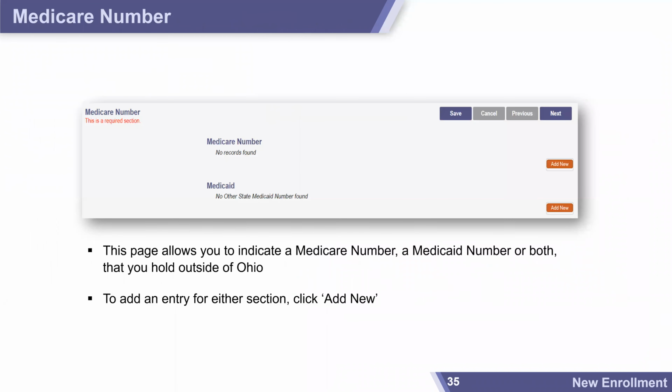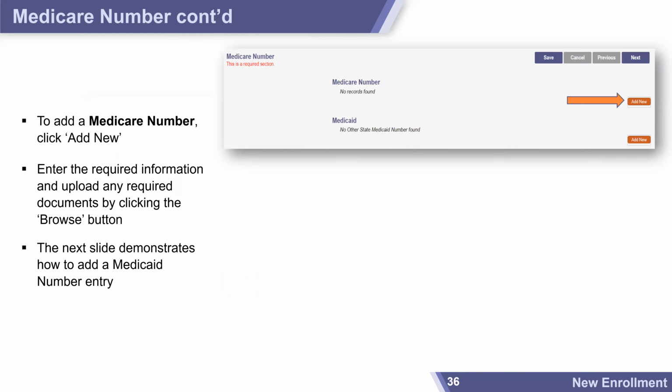In this case, the next page is Medicare number. Now, this is where you'll add either a Medicare number, a Medicaid number, or both, okay, that you might hold outside of Ohio. Let's say it's a Medicare number. You'll hit add new next to Medicare.